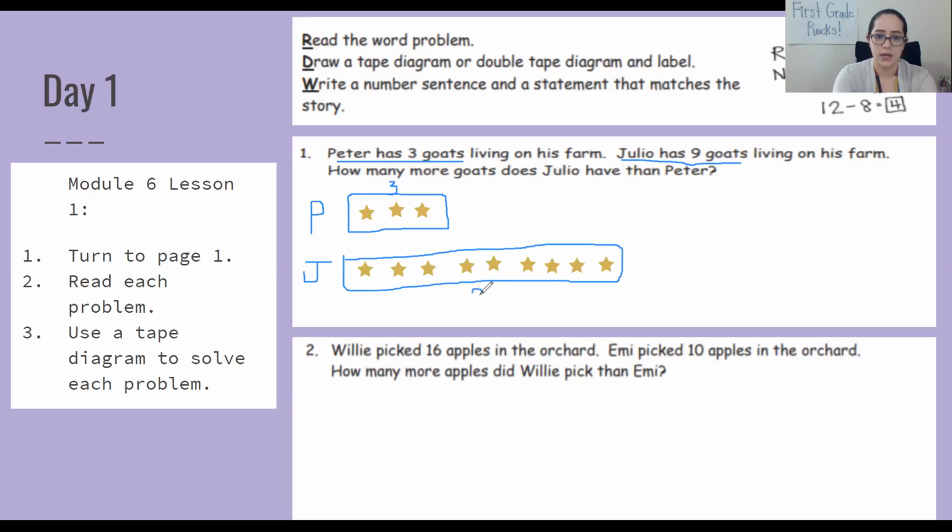So he has 9 total. Okay. The question says, how many more goats does Julio have than Peter? So looking at my drawing, I can see that Julio has more, but I want to know how many more. So I'm going to compare how many they have. So 1, 2, 3. And I'm going to stop right here and draw a line in Julio's diagram, because that is how many more he has.